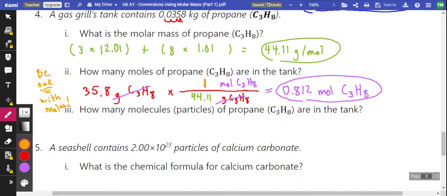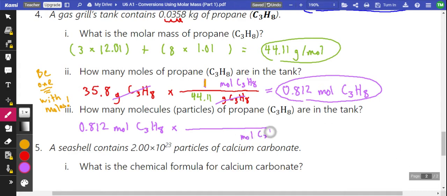How many molecules, aka particles, of propane, C3H8, are in the tank? Well, we can figure out particles from moles, so let's do that. We're going to take our 0.812 moles of C3H8 and multiply it by a fraction bar, where I'm getting rid of moles on the bottom.